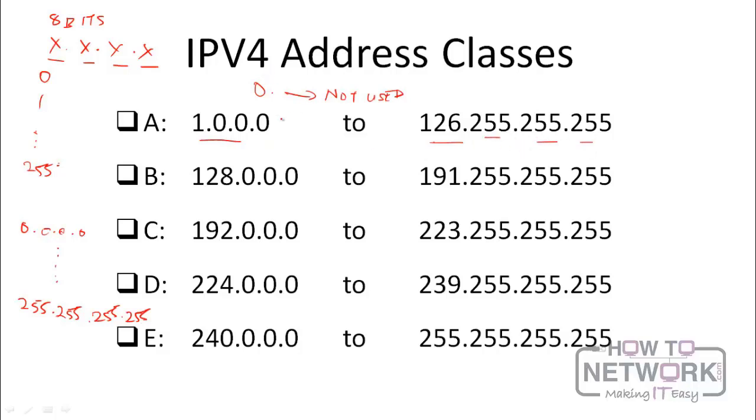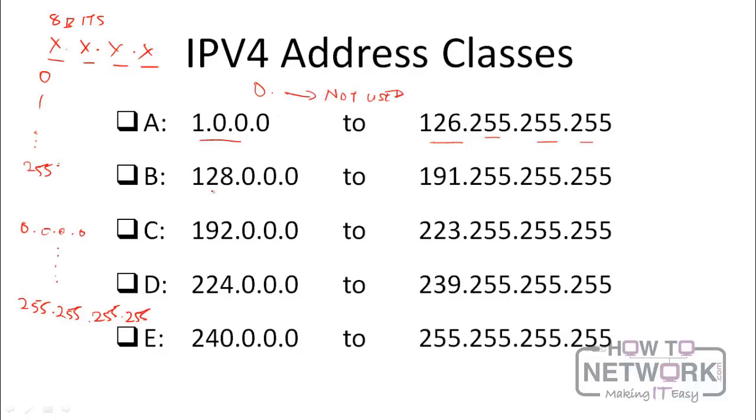And technically what that means is that you have 1.0.0.0, 1.0.0.1, all the way to 1.0.0.255. And then you go to 1.0.1.0, 1.0.1.1, all the way to 1.0.1.255.